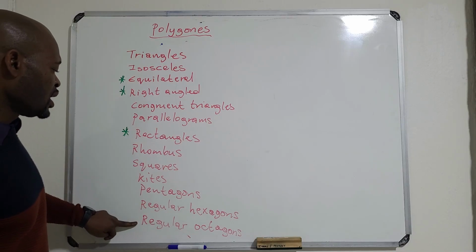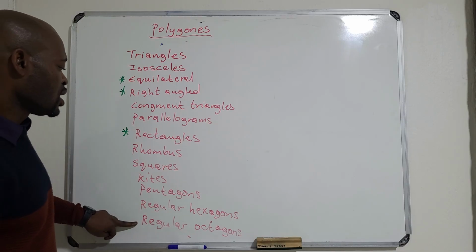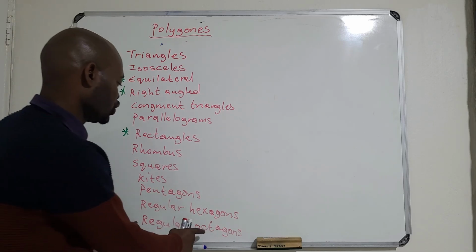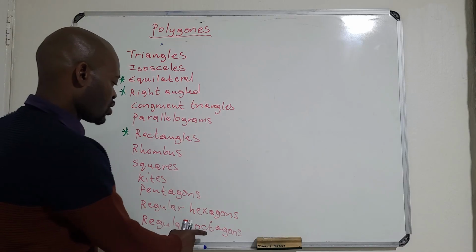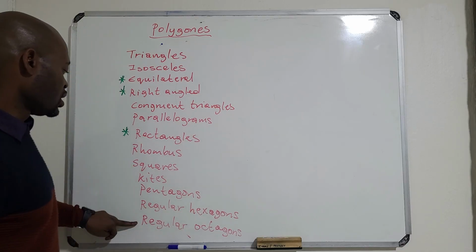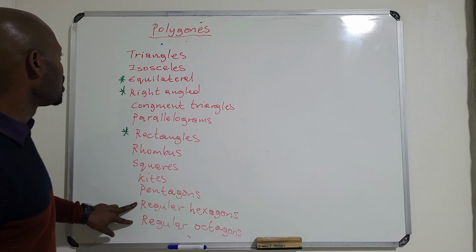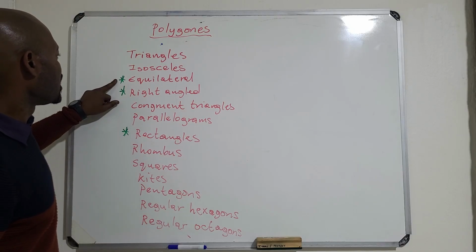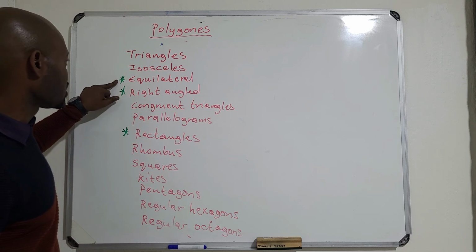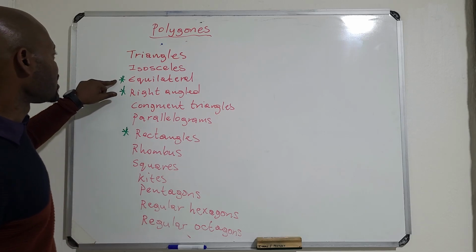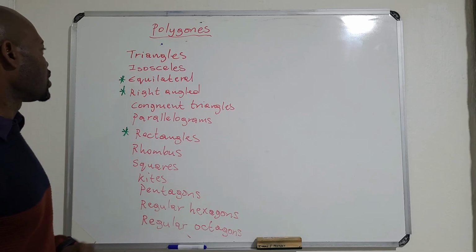Even with regular octagons, corresponding sides are going to be in the same proportion, and corresponding angles are going to be equal. You can test these, because they behave like equilateral triangles. That is why equilateral triangles are similar. Even these two are going to be similar since we have checked equilateral triangles.